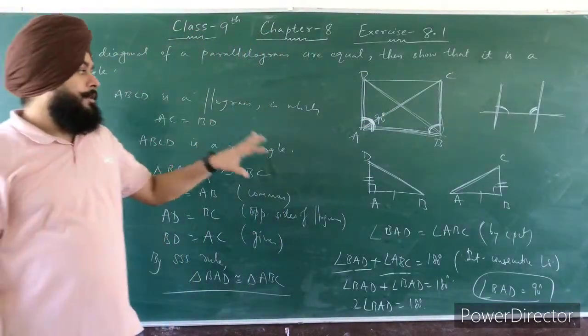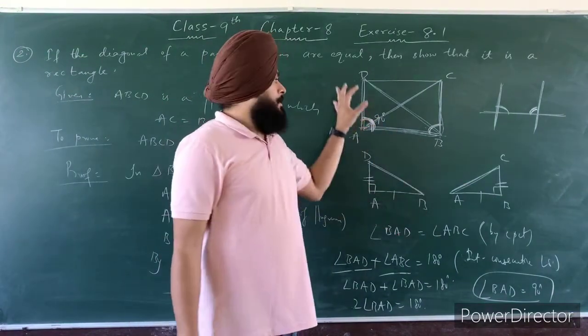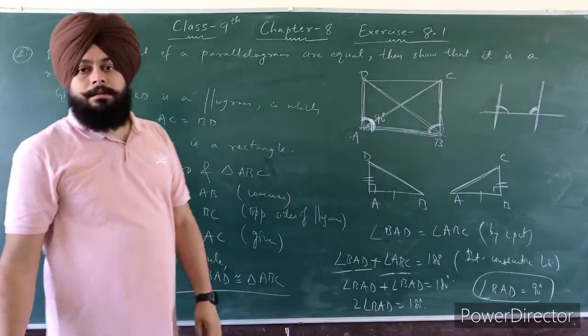It means in this parallelogram, if one of the angles is of measure 90 degrees, then the parallelogram is a rectangle. Okay, students?